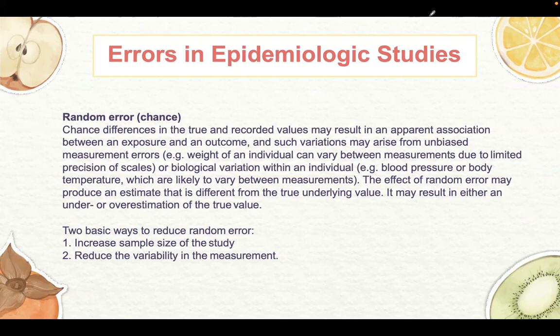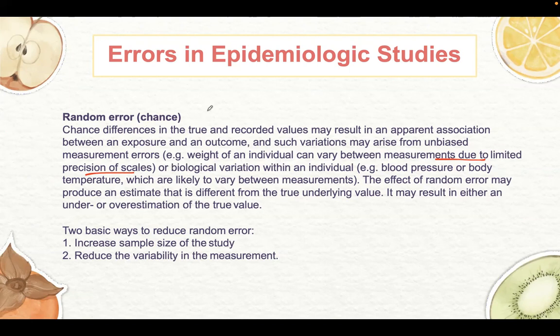Example, the weight of an individual can vary between measurements due to limited precision of scales or biological variation within an individual. Example natin, yung mga blood pressure or body temperature, which are likely to vary between measurements.